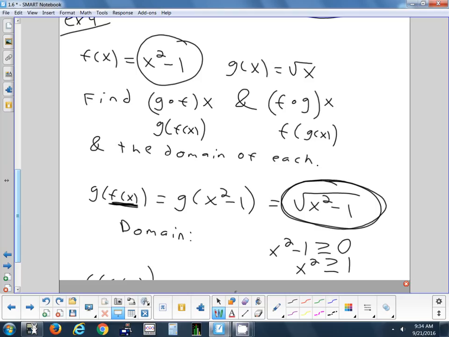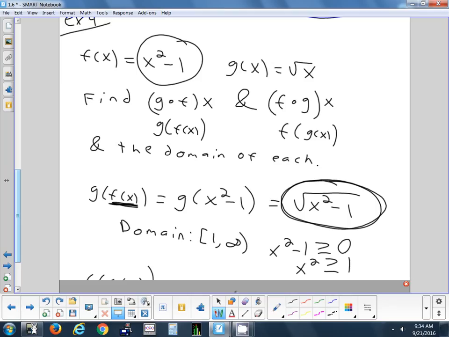Denver? All of them except 0. Yeah, 1/2 wouldn't work, because if I squared 1/2, I'd get 1/4, take away 1, that would be negative. Okay, I can take any number greater than or equal to 1.